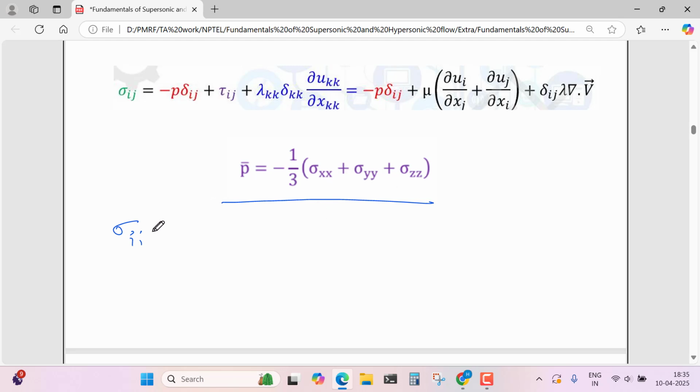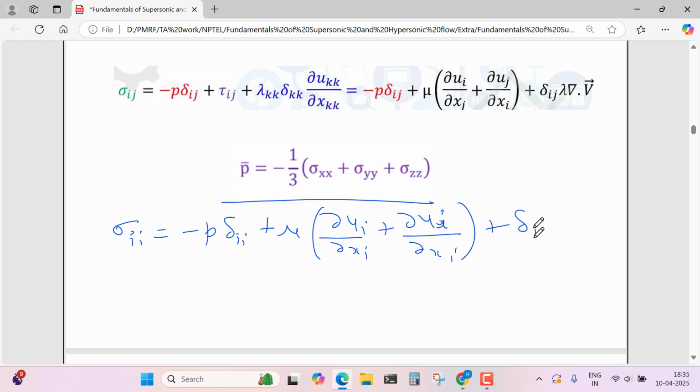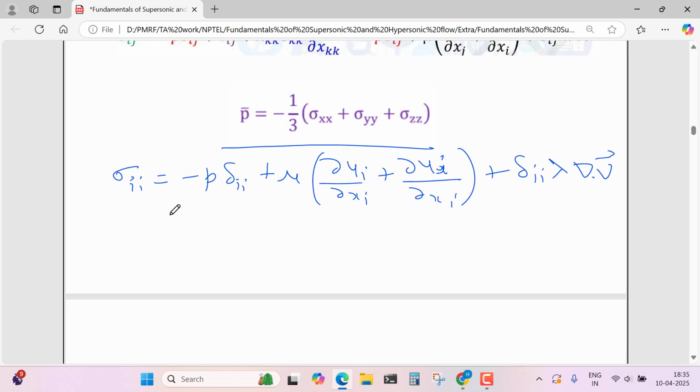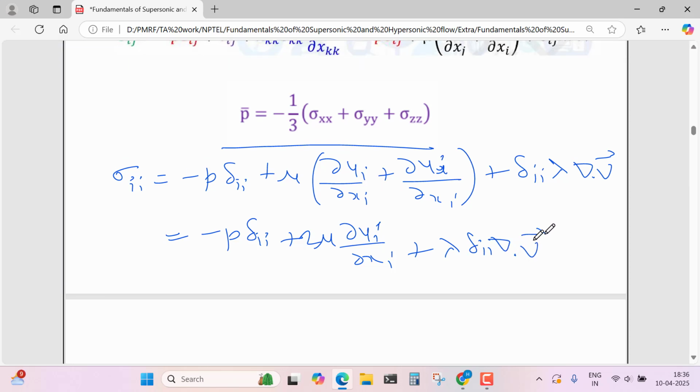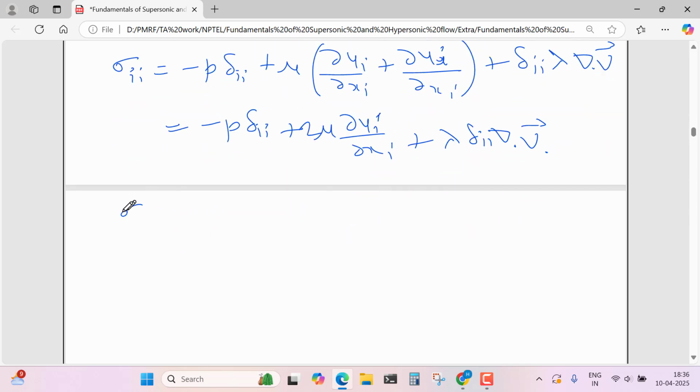So sigma ii equal to minus P delta ii plus mu (dou ui upon dou xi plus dou ui upon dou xi) plus delta ii lambda del dot V, which will be equal to minus P delta ii plus 2 mu dou ui upon dou xi plus lambda delta ii del dot V. So what will you get? Sigma xx equal to minus P.